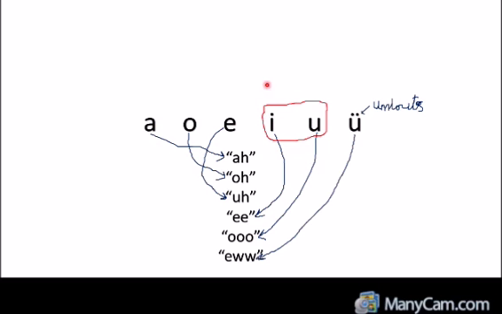I'm going to actually talk about misconceptions on the next slide because it will be a summary of this. So if I pronounce it again, A, O, U, E, U, U.